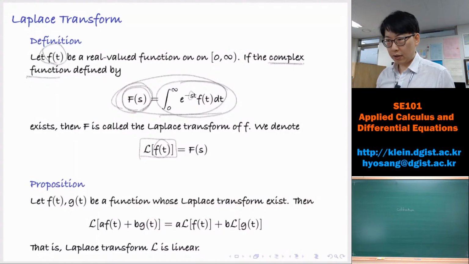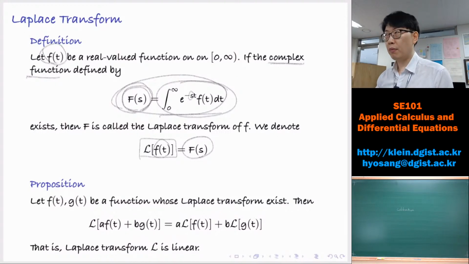And if it's clear what we are talking about, then we just simply write large F of s. So we differentiate the variable of the Laplace transform and the original function. The original function is a function of t. The Laplace transform is a function of s. This s is a variable for frequency.